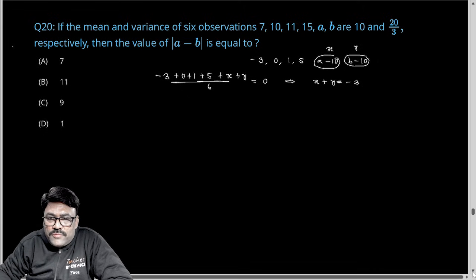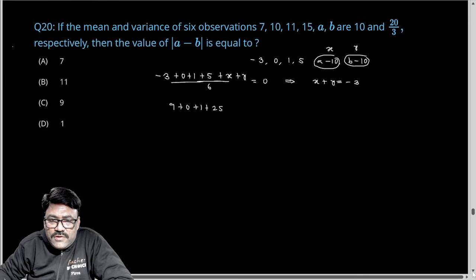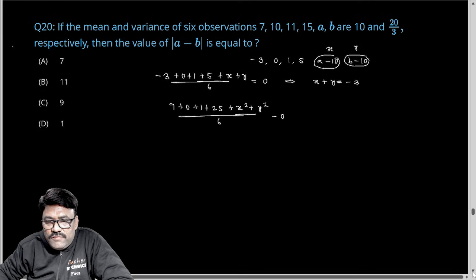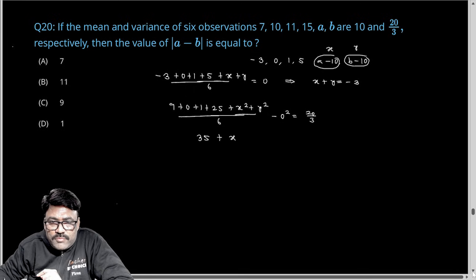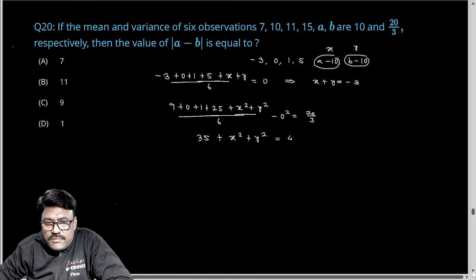Now if I find the variance, it will be 9 plus 0 plus 1 plus 25 plus x square plus y square, divided by 6, minus the square of the mean, which is 0 square. It should be 20 by 3. So now you are getting 35 plus x square plus y square equal to 40.